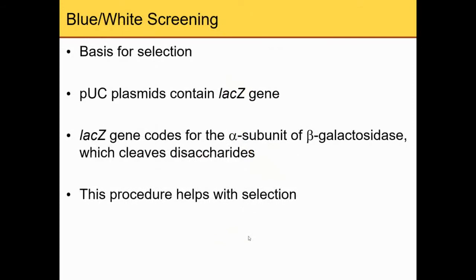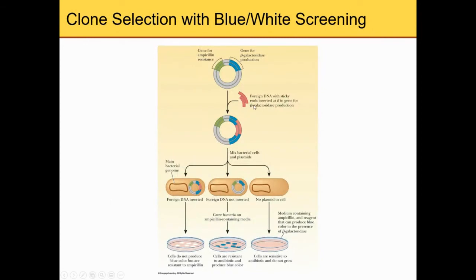Okay, and blue-white screening, basically, is a basis for selection to select the recombinant cells from the population that you use for the gene transformation. And for this experiment, let's say we have this gene for lacZ, beta-galactosidase production, and ampicillin resistance.